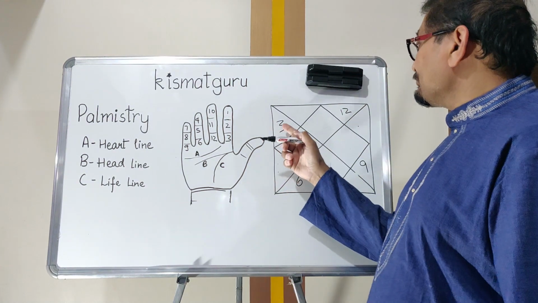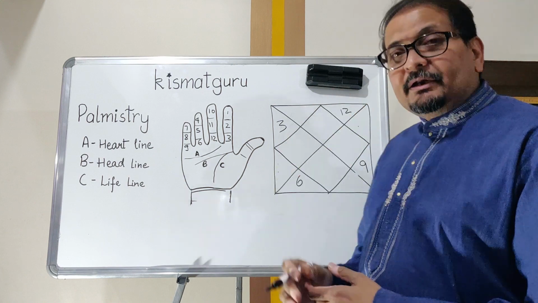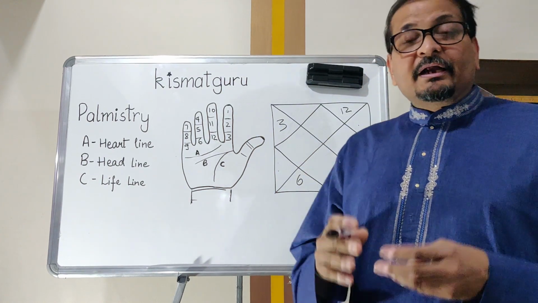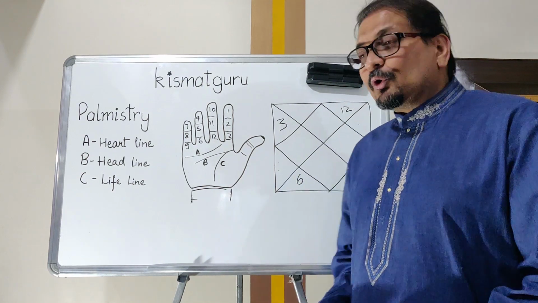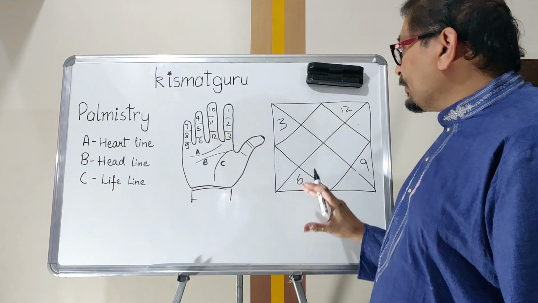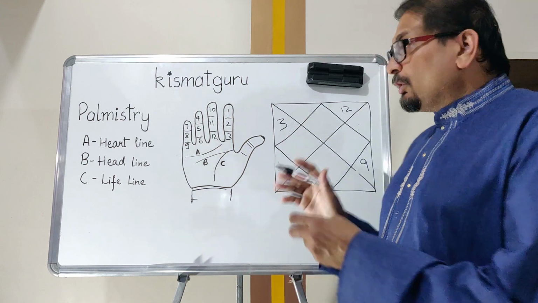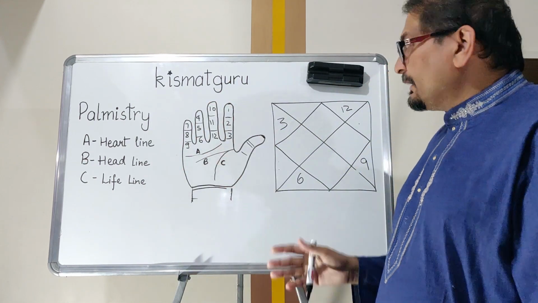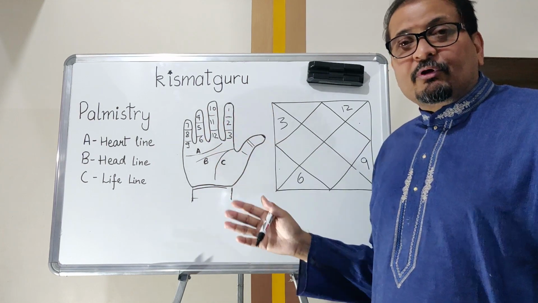So if you have houses number 3, 9 and 12 active in your horoscope, then there are chances that you may settle abroad also. So this is what the horoscope is in our hand, in our fingers, so we could understand how this horoscope is made from our hands.